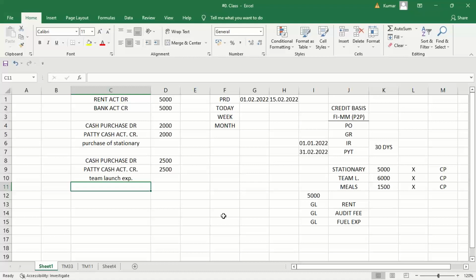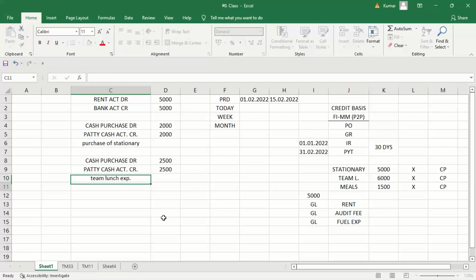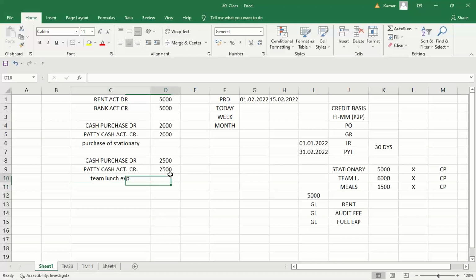Look at the spelling, guys. I think this 'launch' has a different meaning, like when we launch a satellite and all. Anyway, don't look at the spellings and all, guys, because while typing fast, some mistakes happen.